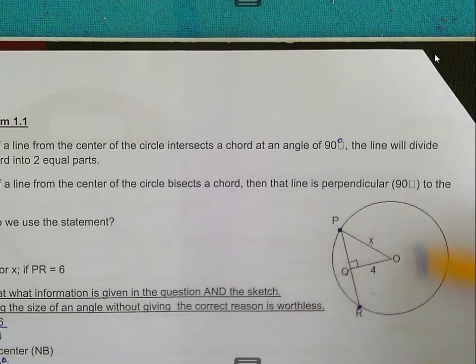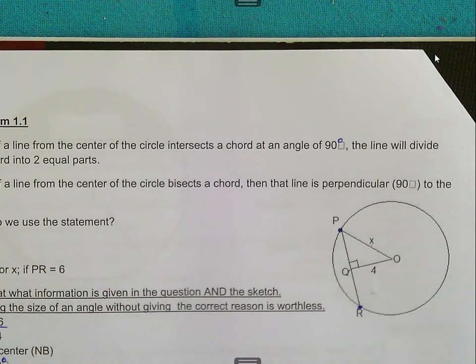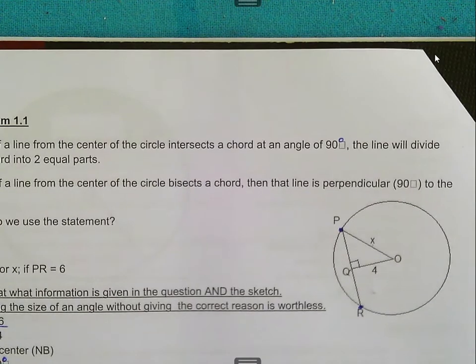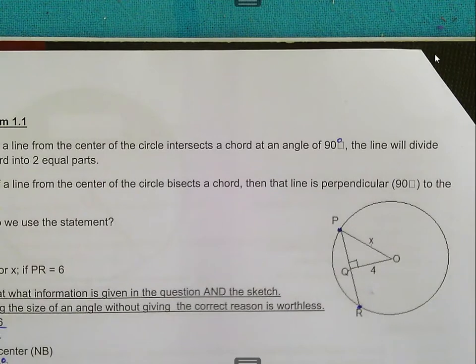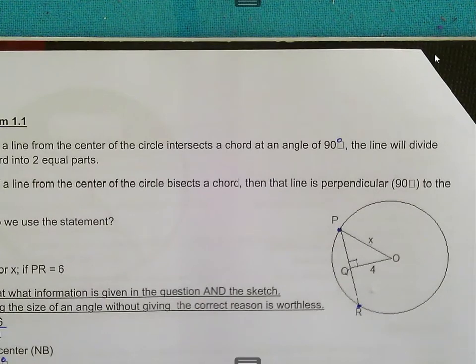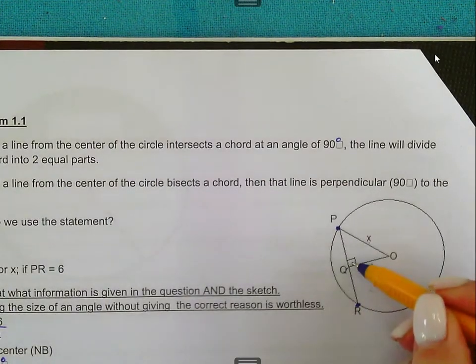If I look at this problem, it seems like I'm working with a Pythagorean triangle. Do you agree with that? When you were in grade 8, I told you you need 2 things to do Pythagoras. The first one is a 90-degree angle, and the second thing is 2 known sides. I have a 90-degree angle.